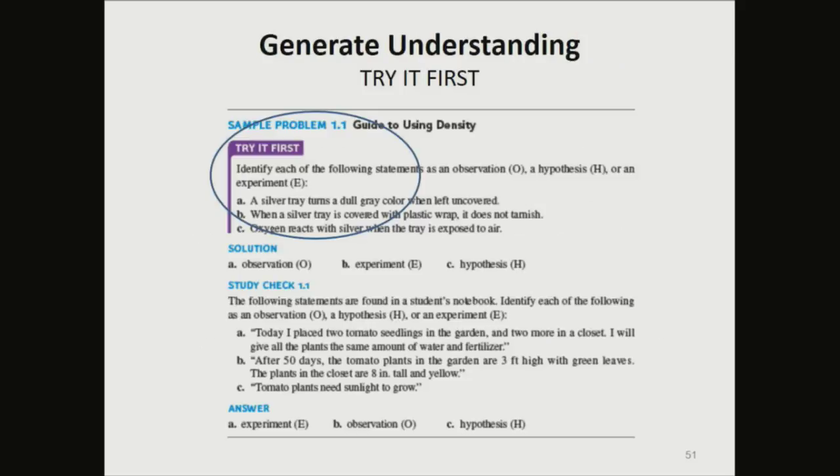Trying to take the material in this book and then make it an active part of a textbook was my next goal. And I began to incorporate something that says try it first. The key thing here is that the student doesn't go back and look it up. They try to generate what they think is the answer, or part of the answer, or whatever they can get to as an answer before they look at my solution.